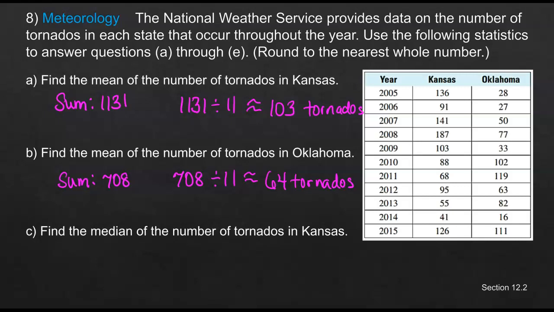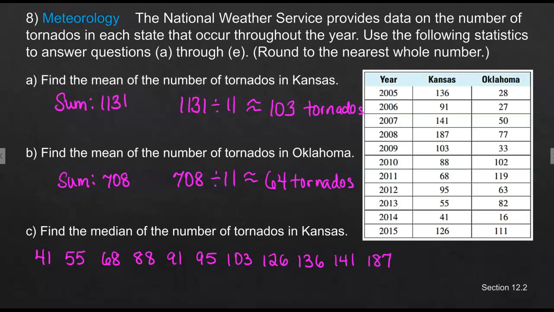So to find the median, we have to list out all those numbers from the chart for Kansas. So I'm going to just start listing them. You can mark them off up there if you want to. It's 41, 55, 68, 88, 91, 95, 103, 126, 136, 141, and 187.